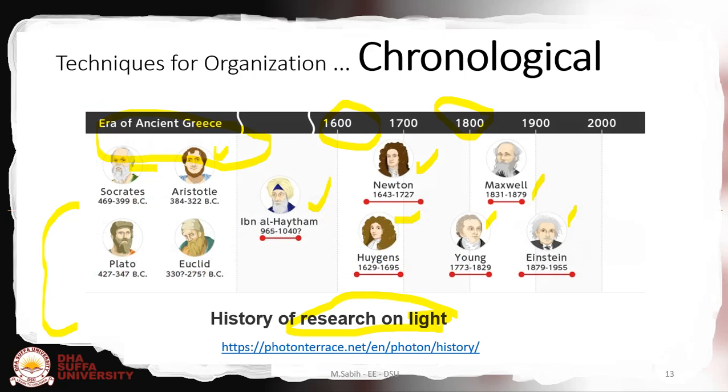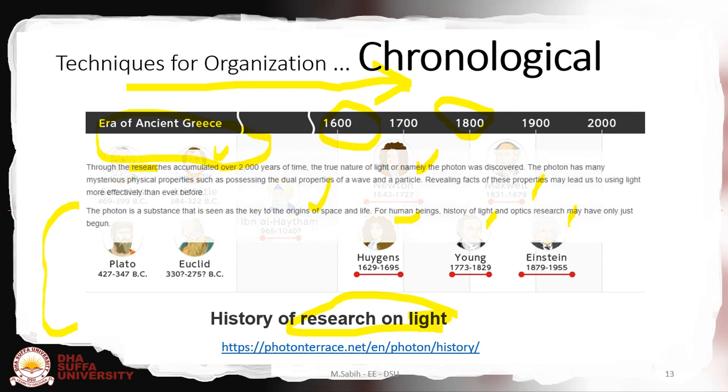So this is a sequence, date-wise and in chronological order, of the research done and discoveries made by scientists on light.